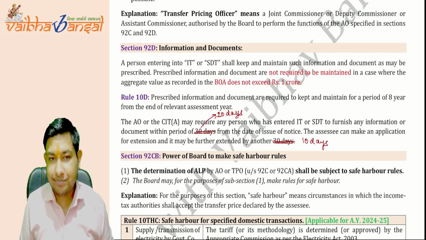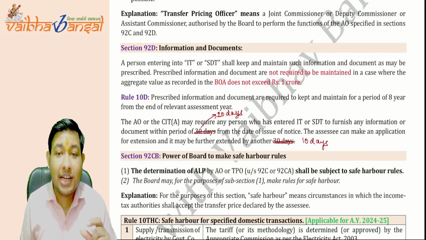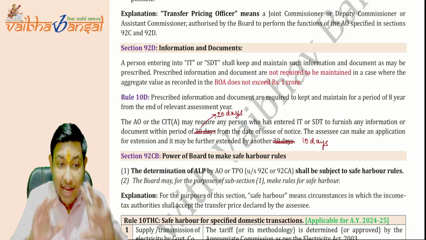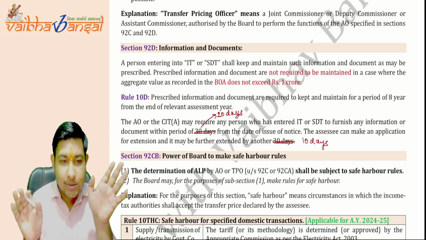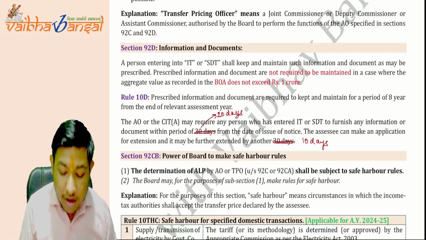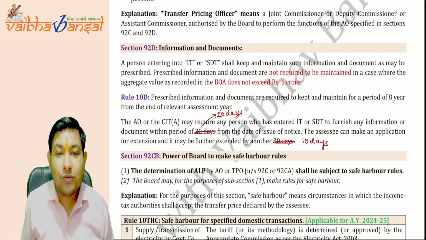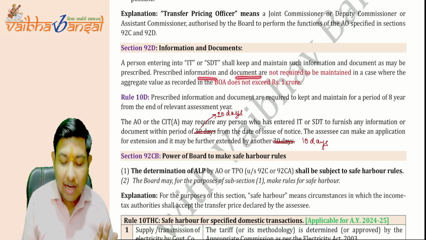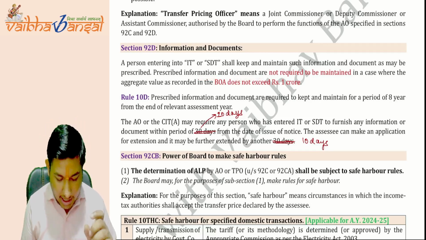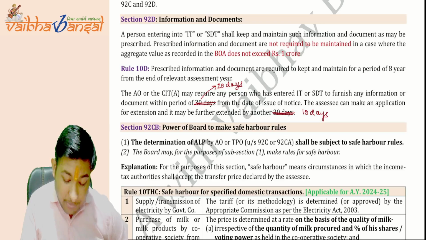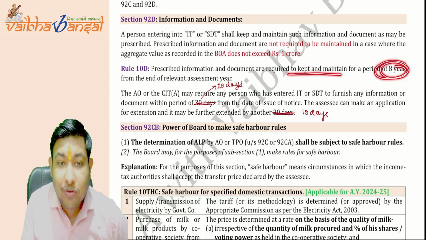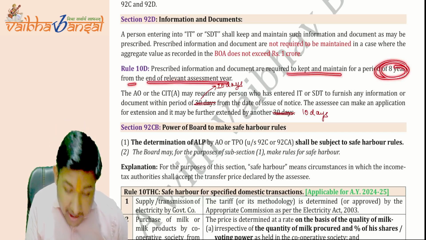If the aggregate value of your international transaction or specified domestic transaction does not exceed 1 cr, then you are not required to prepare those information and documents. Is this point clear? I hope it is very much clear to you all. Then the prescribed documents and information need to be kept and maintained for 8 years from the end of the relevant assessment year.